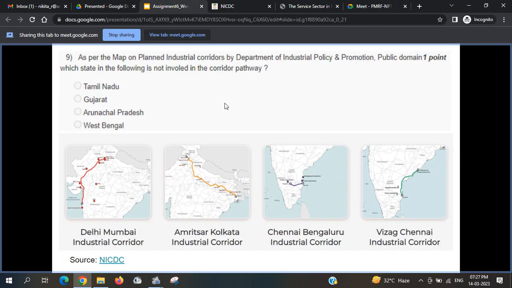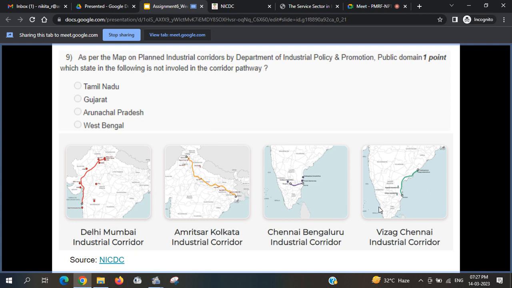The only state which does not fall in the corridor pathway of any industrial or economic corridor is Arunachal Pradesh, as you can see from the different options here. Delhi-Mumbai corridor does not cover the northeastern states. Amritsar-Kolkata industrial corridor also does not cover northeastern states.